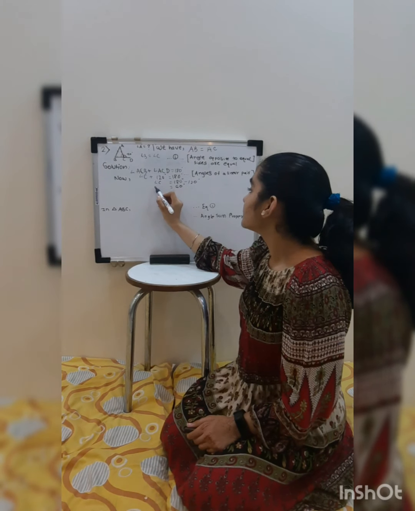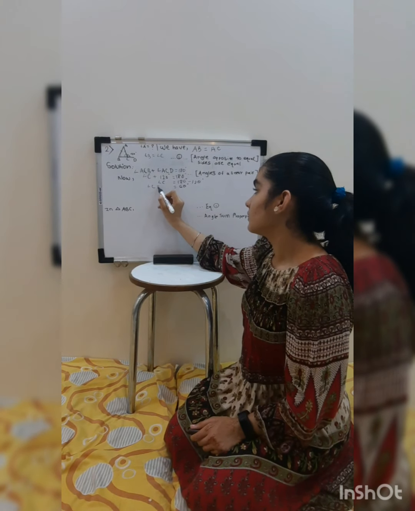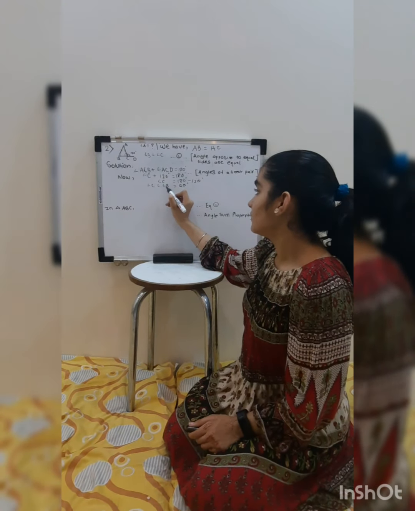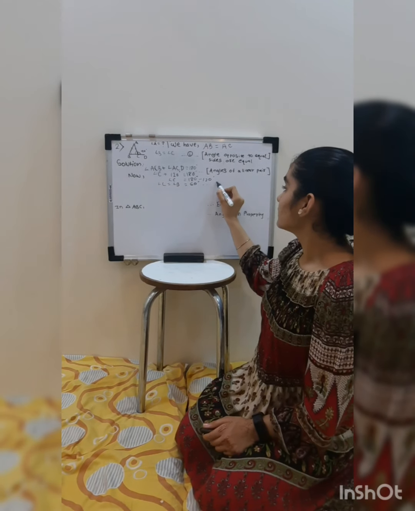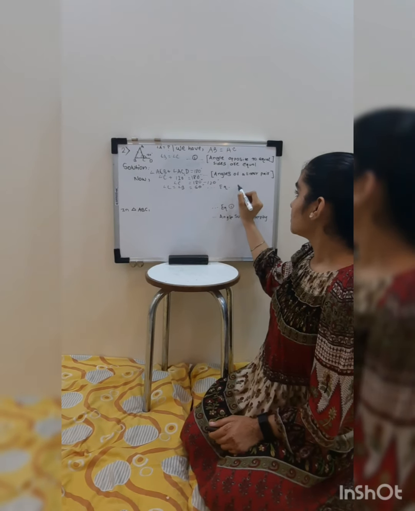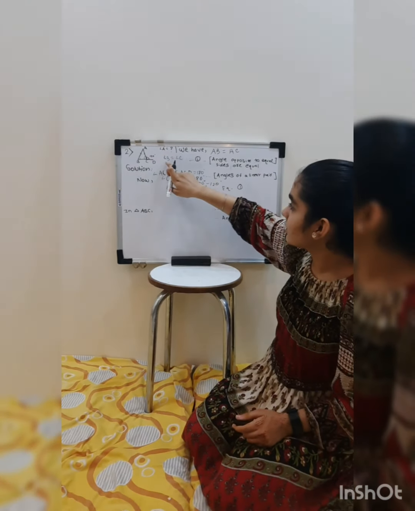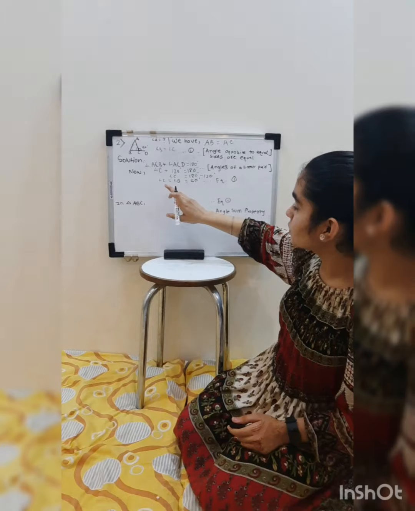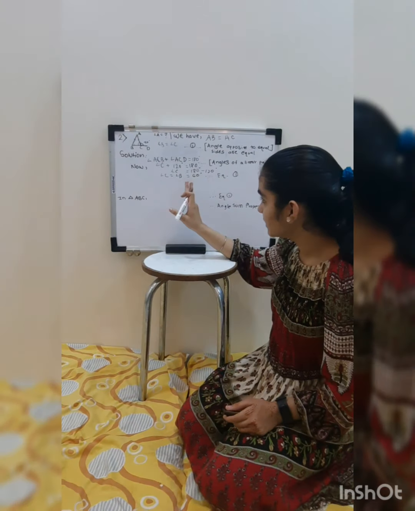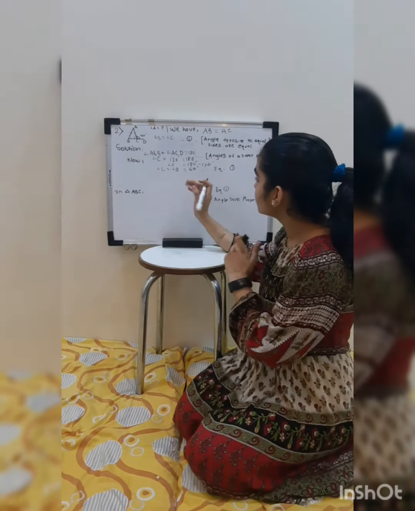So angle C equals angle B equals 60 degrees, as per equation number 1, angle B equals angle C. If angle C is 60 degrees, then angle B is also 60 degrees.